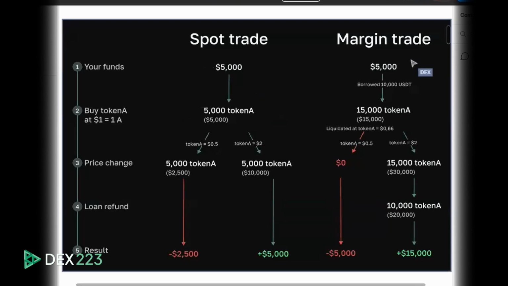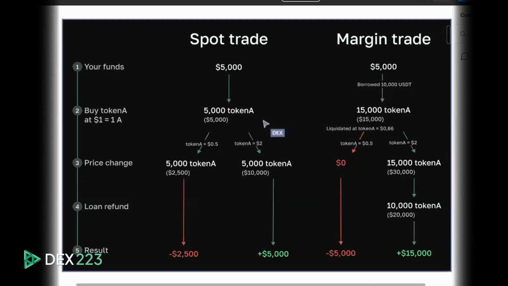In case of margin trading, you still hold your $5,000, and you can use it to borrow some extra funds. In this case, you are borrowing $10,000, and you can buy up to 15,000 token A at the same price.